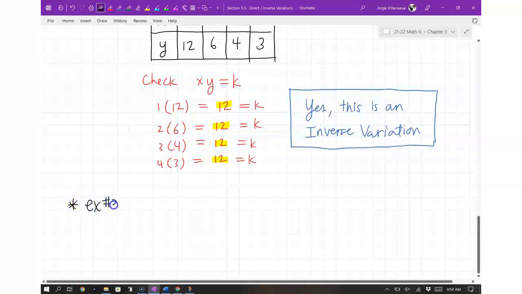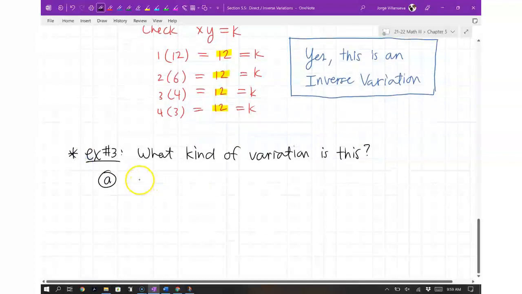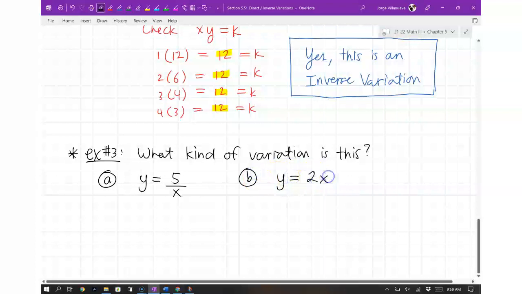Example number 3. What kind of variation is this? Okay, so part A, let's do y equals 5 over x. Part B, let's do y equals 2x.